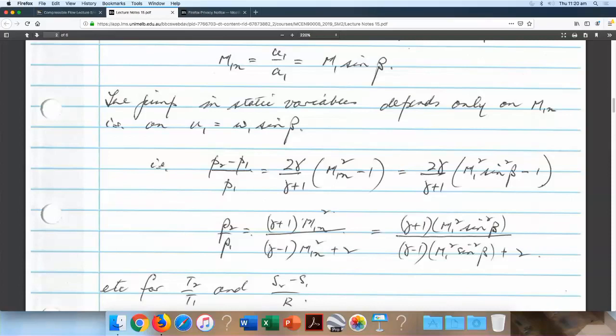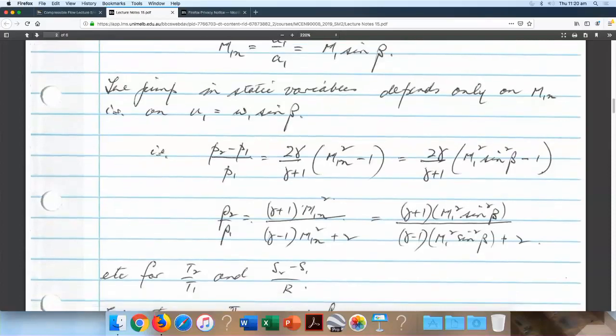So we can rewrite that in terms of M1 and beta. So it's gamma plus 1 M1 squared sine squared beta over gamma minus 1 M1 squared sine squared beta plus 2. And etc. for T2 over T1, A2 over A1, and S2 minus S1 over R. So I could have worked those out if I wanted to.